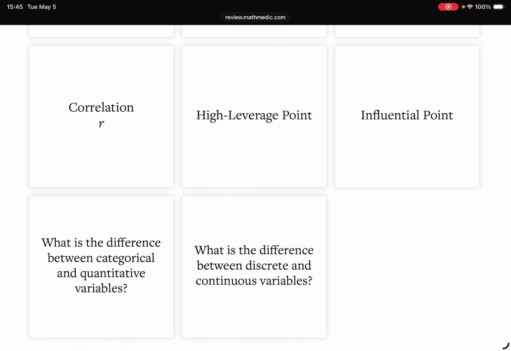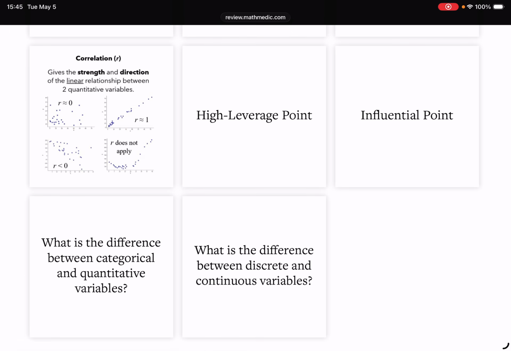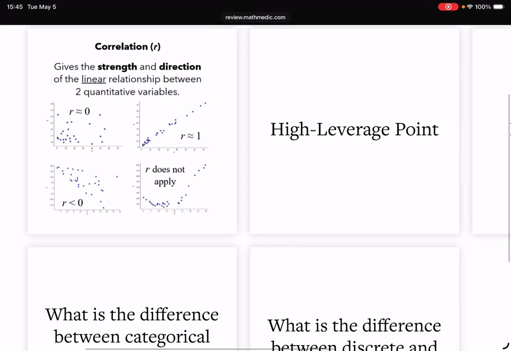Okay, correlation r gives the strength and direction of the linear relationship between two quantitative variables. So notice we have many graphs here. These graphs are representing what the correlation value would be. So for example, the very first one is approximately 0 because there is no pattern. The next one is approximately 1 because it shows a positive direction.